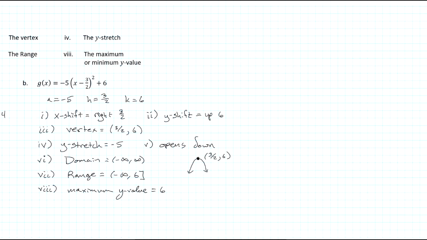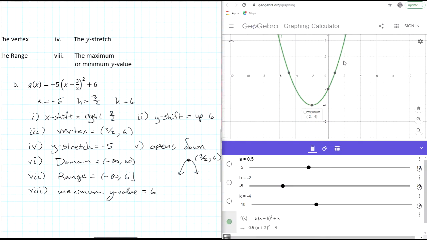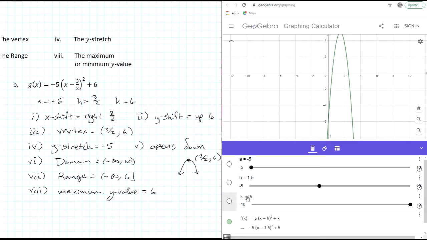Let's go and scooch this over here. Take a look at the GeoGebra. A is now -5. H is 3/2, is 1.5, positive 1.5. K is positive 6. Oh, gotta change that here.